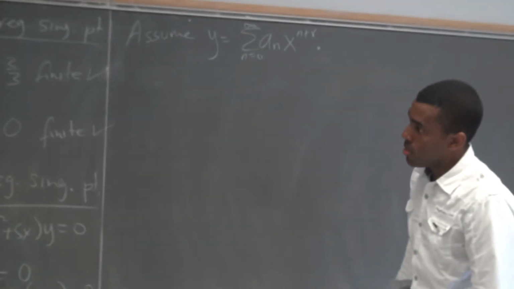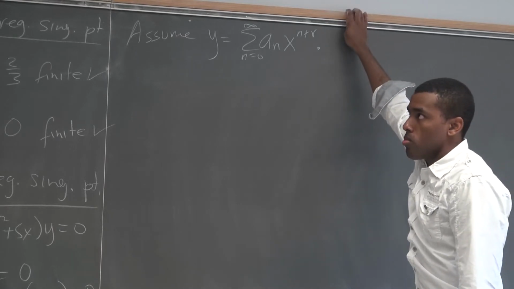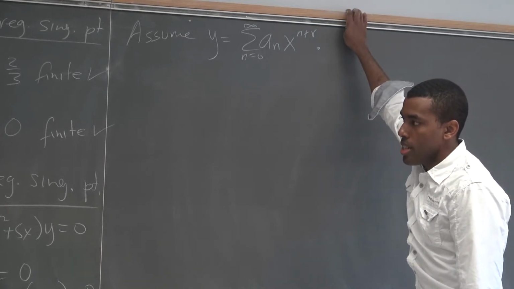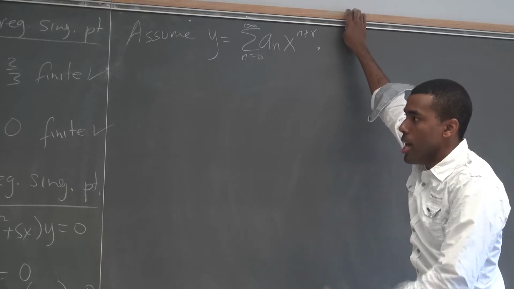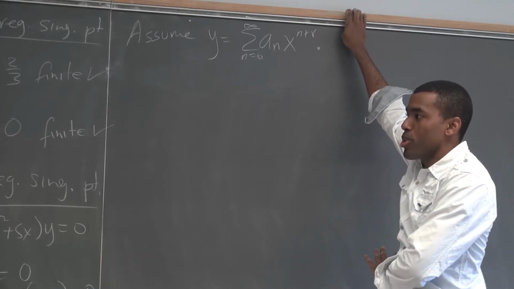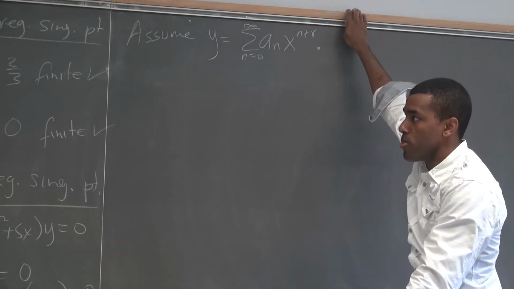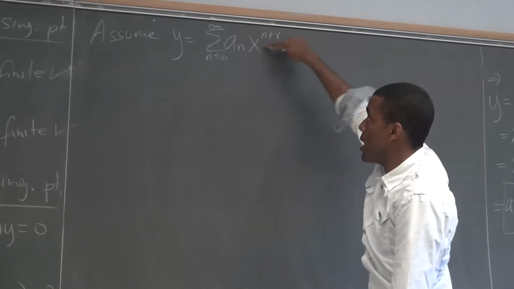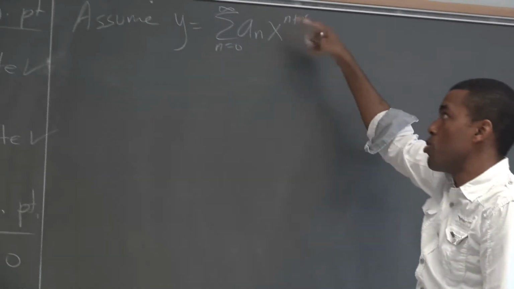Again, let me reiterate here. They usually tell you when you have to find an indicial equation, but let's pretend they didn't. How do you know the difference between when you approach a series problem like this, or the way we were doing before? When do you know you have to assume n plus r and worry about an indicial equation, or just assume y equals x to the n?